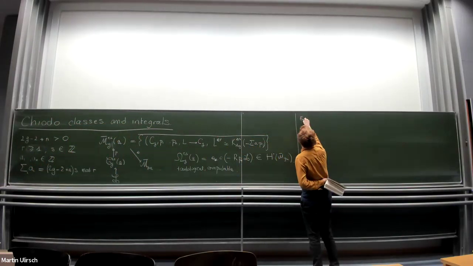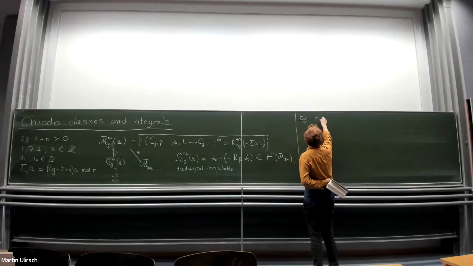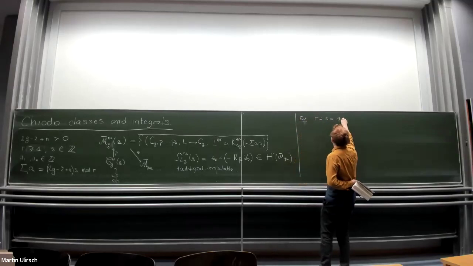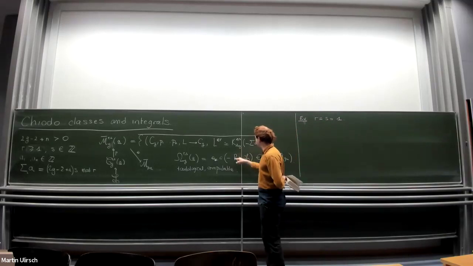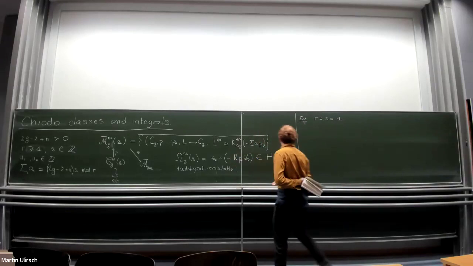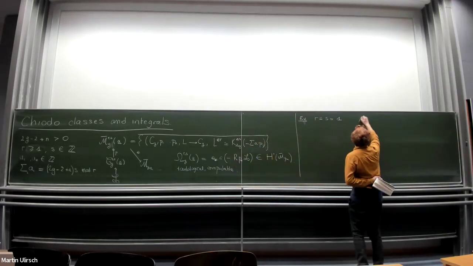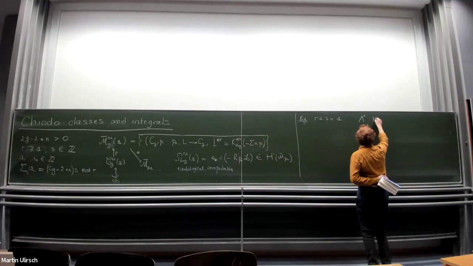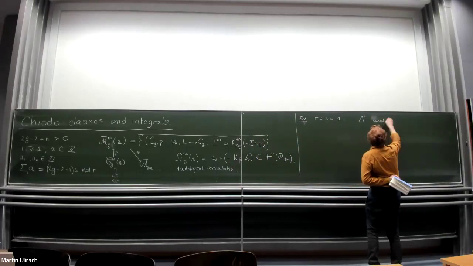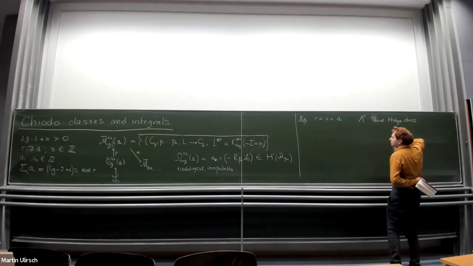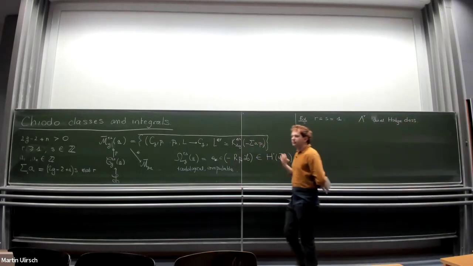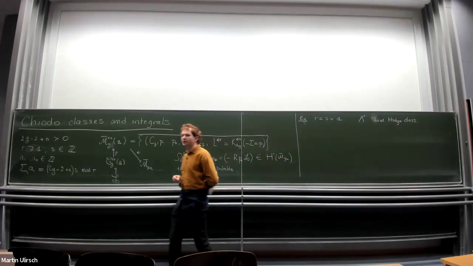Let's take the simplest example. Take r equal s equal 1. You're looking here at the bundle of holomorphic forms, the Hodge bundle. So what you have is a dual of the Hodge class. These are, well, the r-spin generalization of the Hodge class.